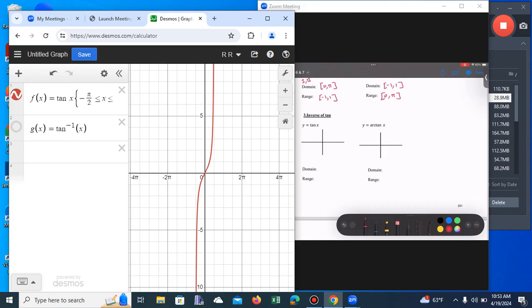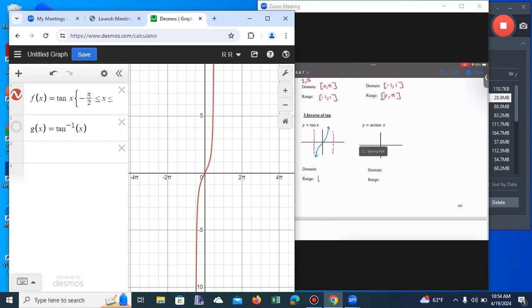Okay. Here's your asymptotes. It's just the tangent graph. Between those, the range goes from -infinity to infinity. It just keeps going higher and higher and lower.